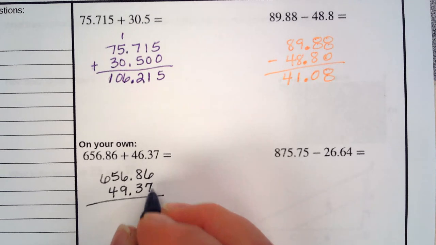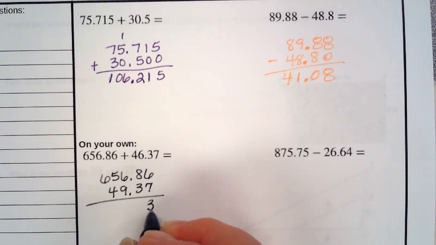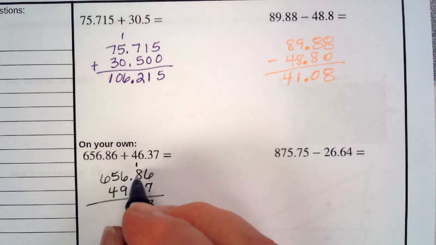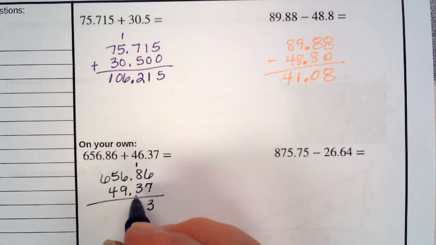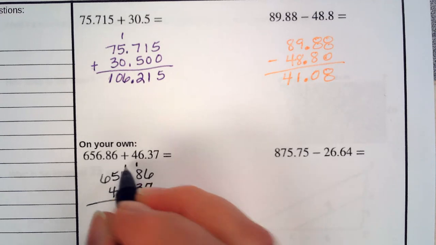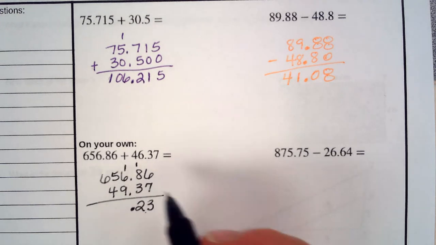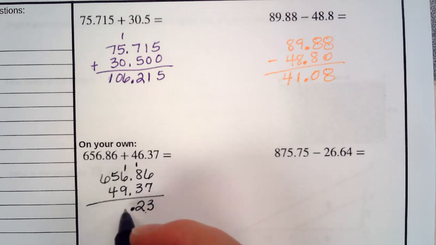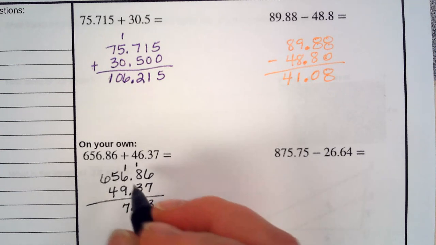6 plus 7 is 13. Put the 3 down, carry the 1. 1 plus 8 is 9. 9 plus 3 is 12. Bring your decimal down, carry the 1. Put the 2 down, carry the 1. 1 plus 6 is 7. 7 plus 9 is 17.